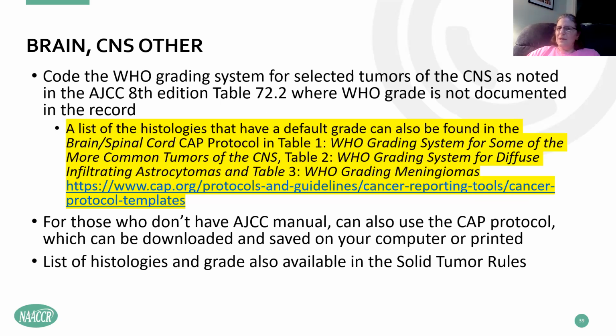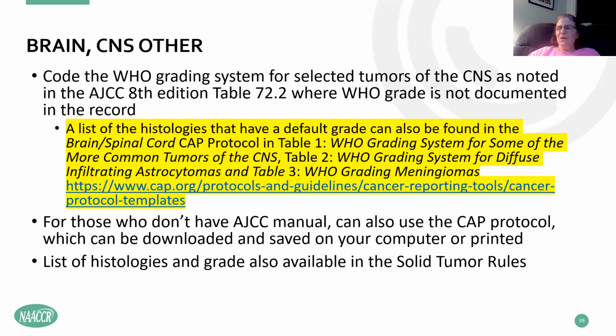So we have put in this, I highlighted this in yellow because I wanted you all to see this note. We got a question from somebody in Tennessee that said, can you include that table from the AJCC manual in the grade manual? And I said, no, we can't because that has to do with publishing rights, stuff that I don't understand.